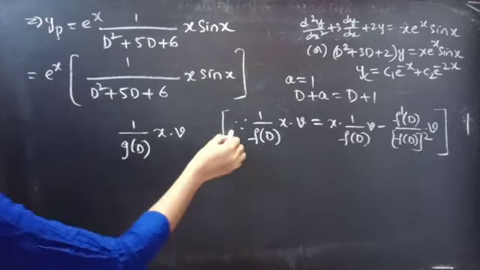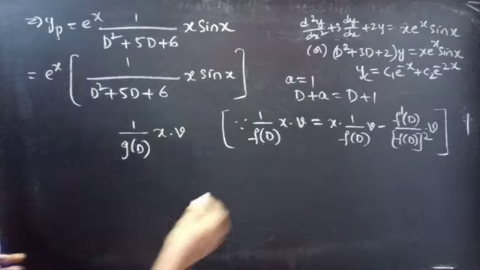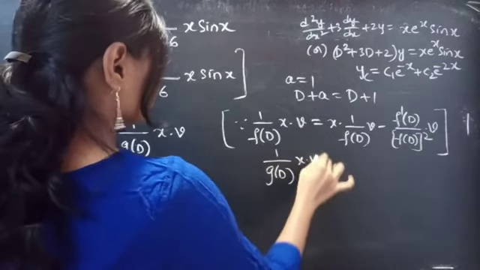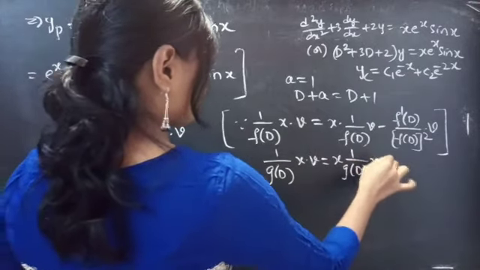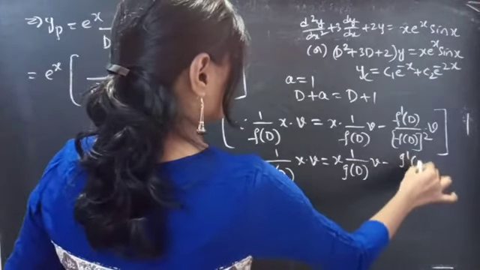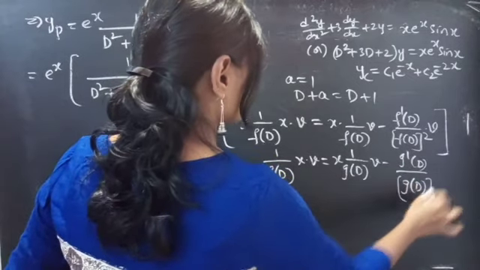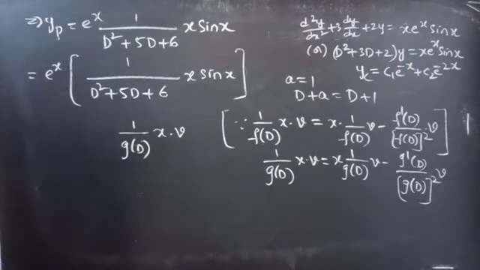Now we are going to use this formula here. If you want, I can write this in g of D form for our convenience. Fine. Now let's use this formula here.